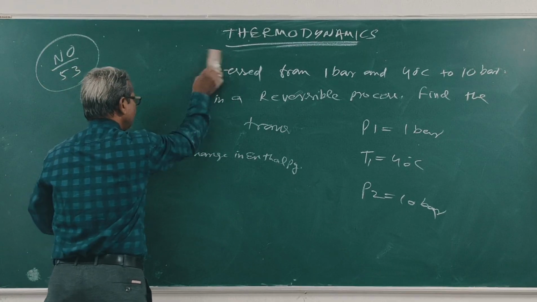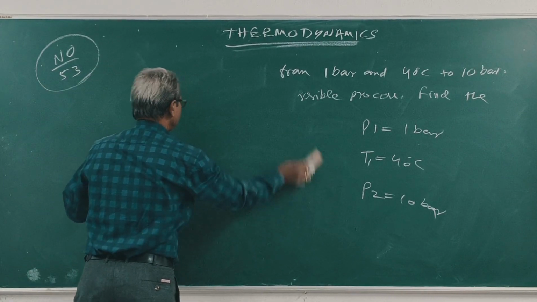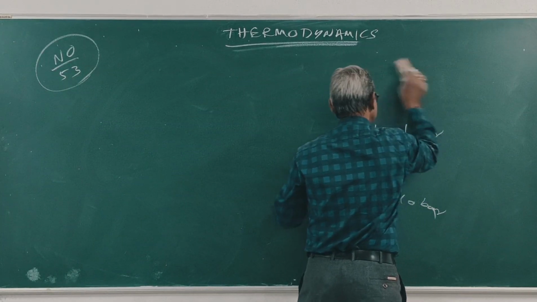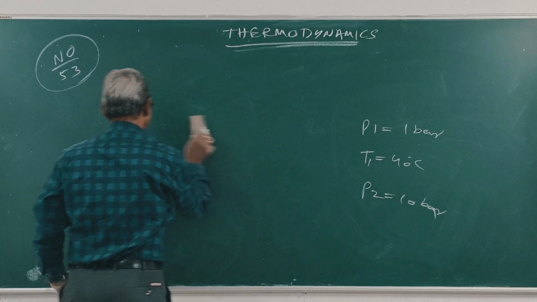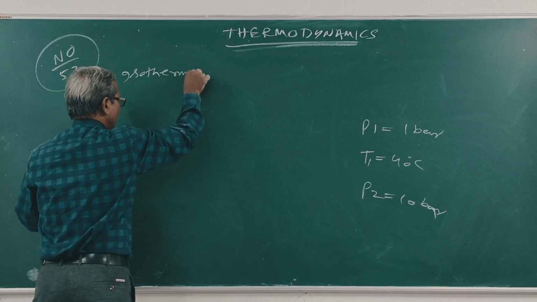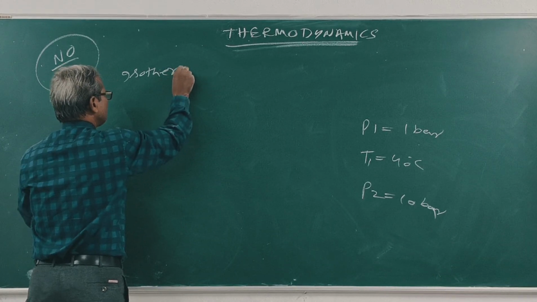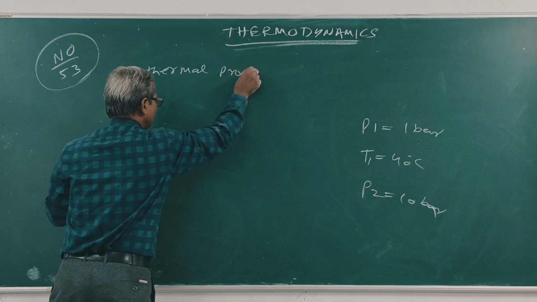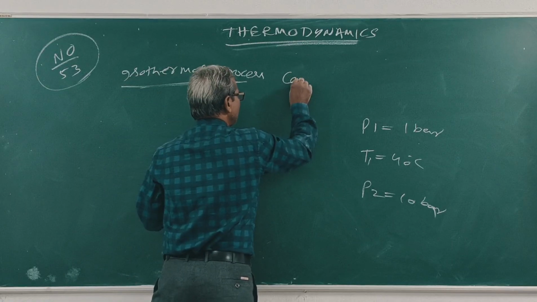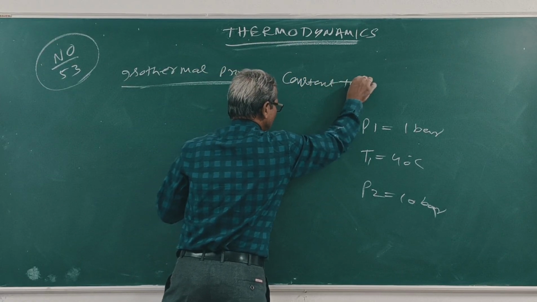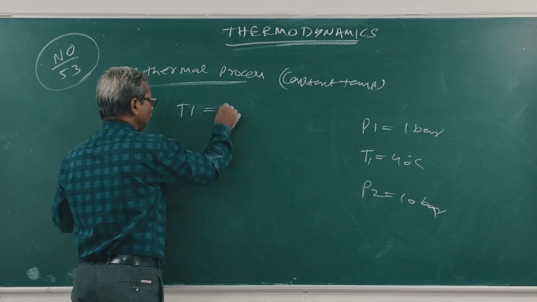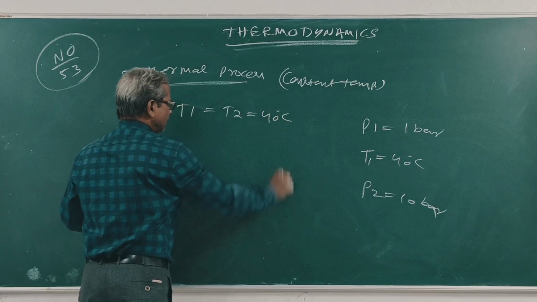The question is for air. This is an isothermal process. What is an isothermal process? Constant temperature. That is T1 is equal to T2 is equal to 40 degree centigrade.